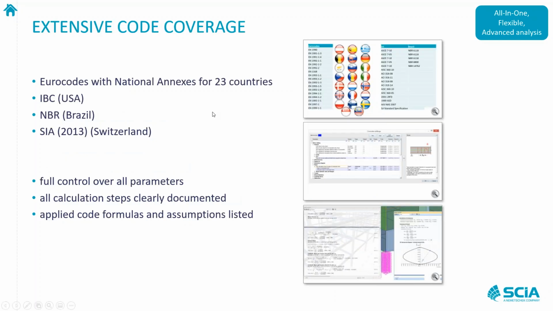You have different types of calculations that you can perform, and it covers the materials I mentioned before, with the Eurocodes and the national annexes you see on the screen, and then other international codes, or eventually the Swiss code.